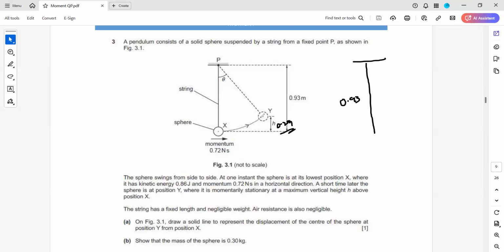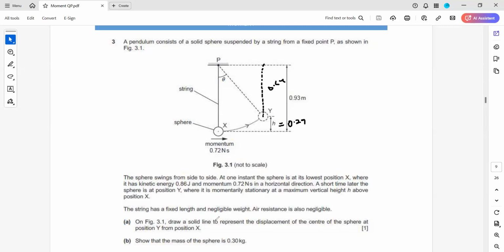How much has the height decreased, the vertical height? So we calculated h, it was 0.29. So what about this height? When I subtract, it will be 0.64. So this is 0.64.